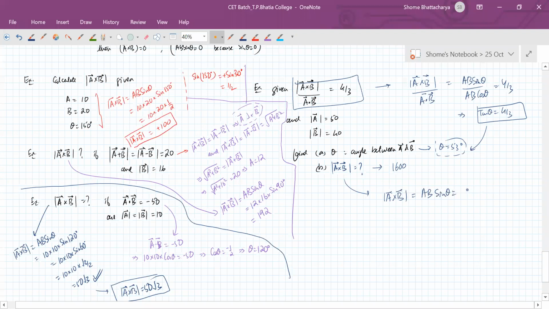Okay. So that is 50 into 40 into sine of 53, which you know is 4 by 5.